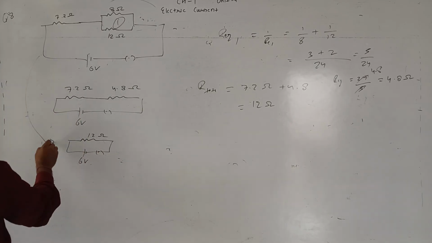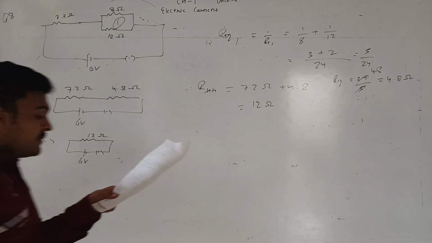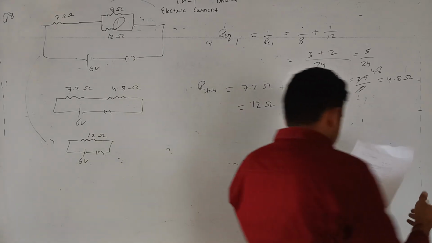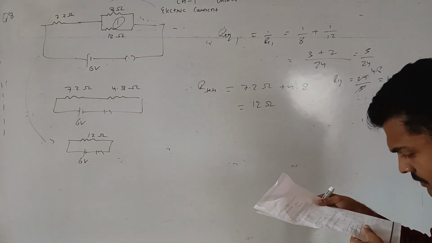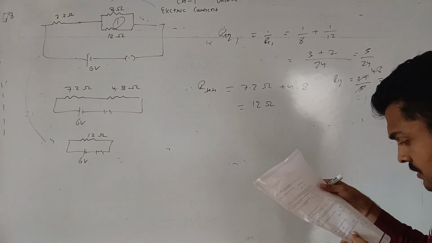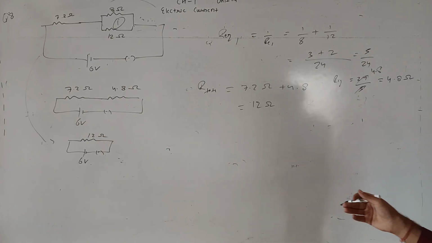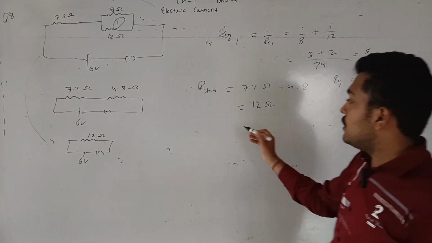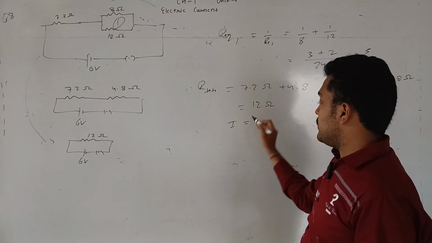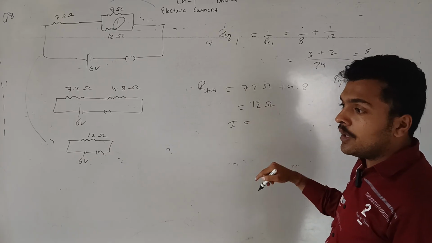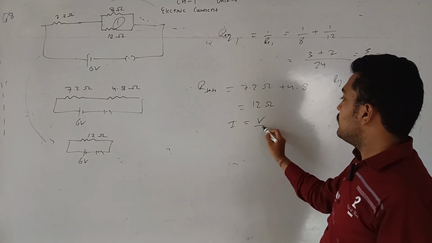So this circuit is equivalent to this circuit. After that we have to find the current in the circuit. So what is the current? V is equal to IR, V upon R is equal to I.